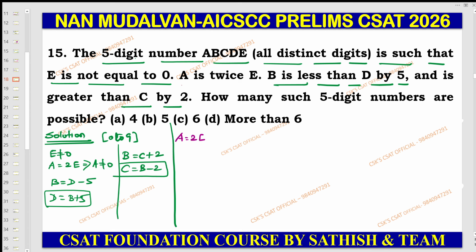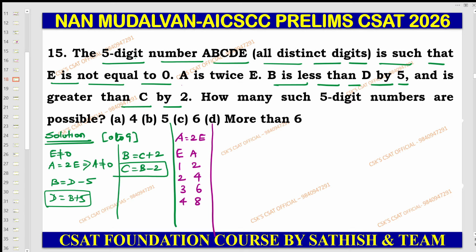If E is equal to 1, A is 2. 2, 4, 3, 6, 4, 8. Only 4 possibilities are there. Don't say 0 here. Not possible. Leave it. Next part. So you have found the value of A and E among these 4.